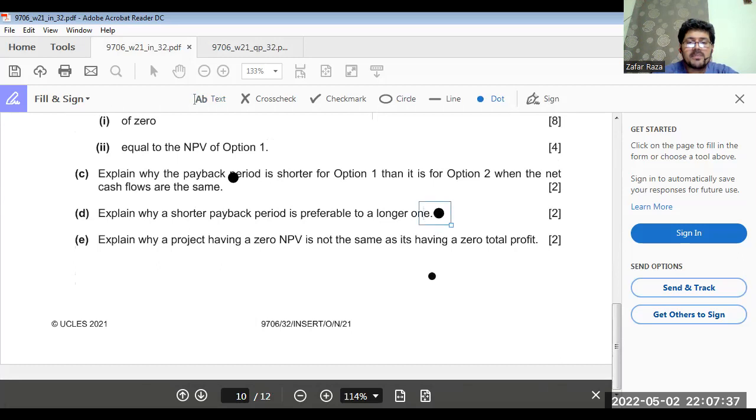Why is a shorter payback period preferable to a longer one? Obviously, there is less risk associated with a shorter period of time, and when it's a longer period of time, the discount factor becomes unrealistic, due to inflation, all the factors, and cost of finance, and all these things.